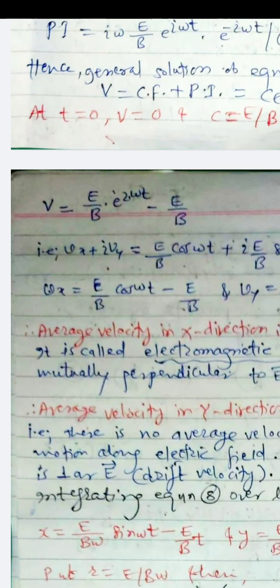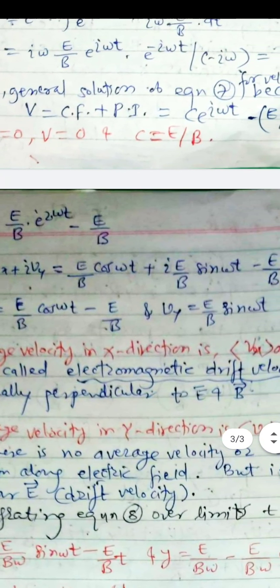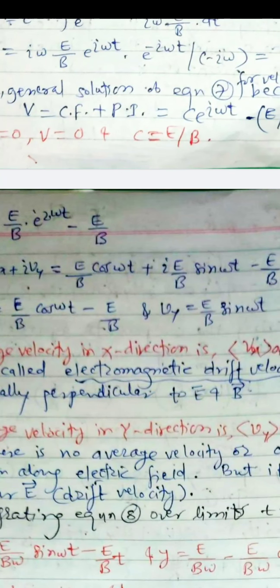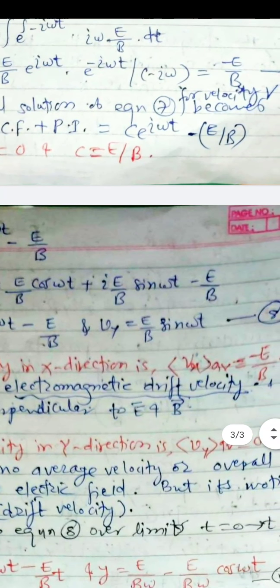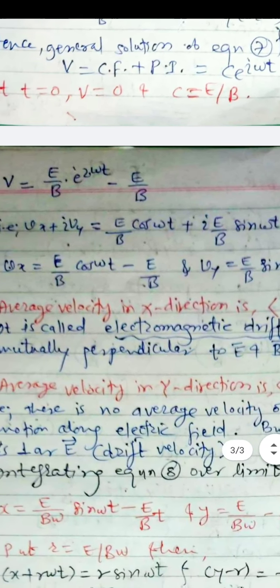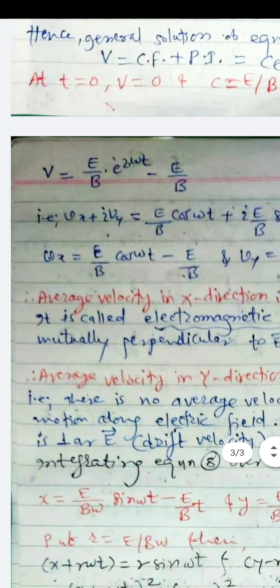Vx plus i Vy equals E upon B cos omega t plus i E upon B sin omega t minus E upon B. Comparing real and imaginary parts, Vx equals E upon B cos omega t minus E upon B.